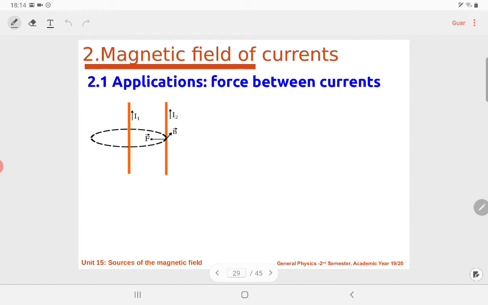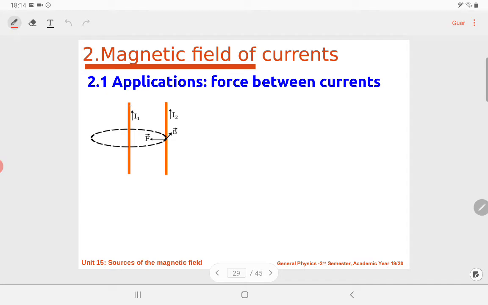But in unit 14 we saw that a current inside a region where there was a magnetic field suffered forces. So there was a magnetic force exerted on a wire inside a region where there was a magnetic field.